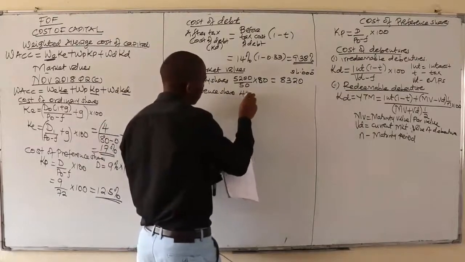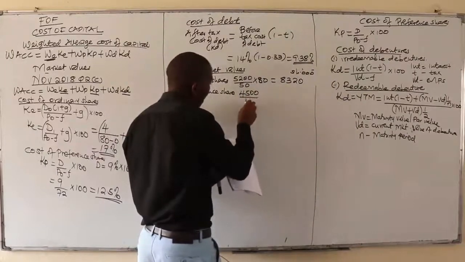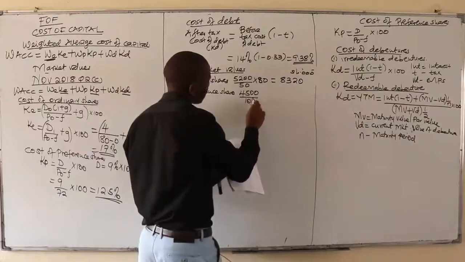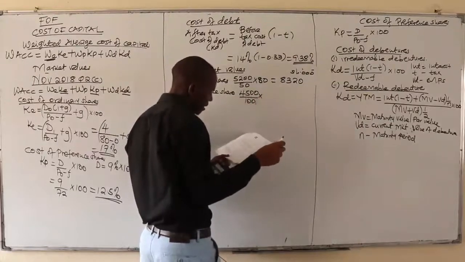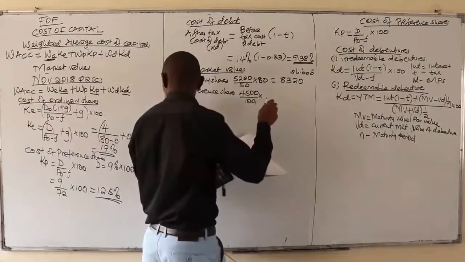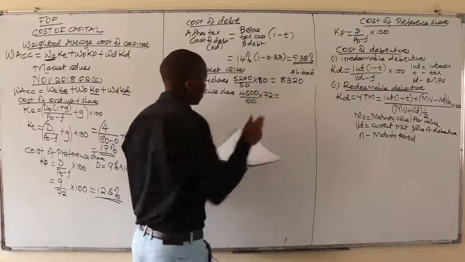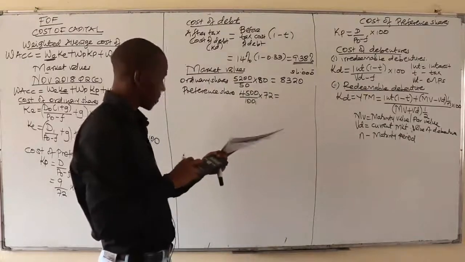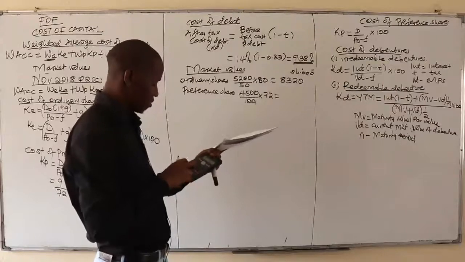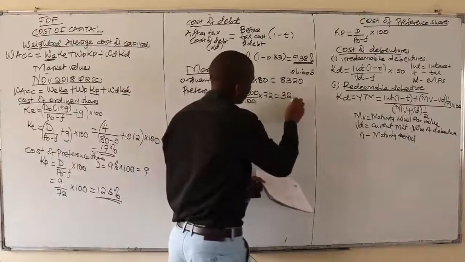So you take 4,500, you divide by 100 to get the number of preference shares. Then you multiply by, they are currently trading at what value? 72. So in that case, you also multiply by 72. So in that case, it is 4,500 divided by 100, multiply by 72, which in that case is 32 what?